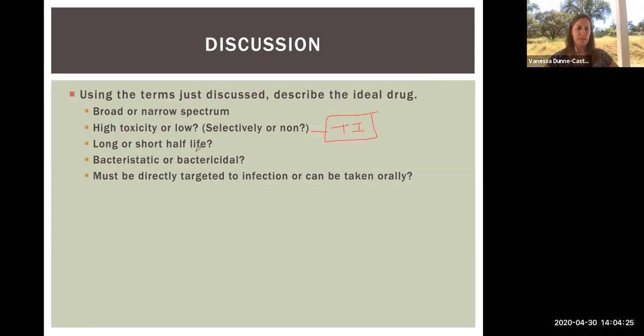And what that means about the patient and the toxicity to the pathogen. Short or long half-life, right? So you're talking about the dose, the concentration, bacteriostatic, bactericidal, targeted to infection, taken orally, right? All of these things are things to keep in mind when choosing the most ideal antimicrobial medication.